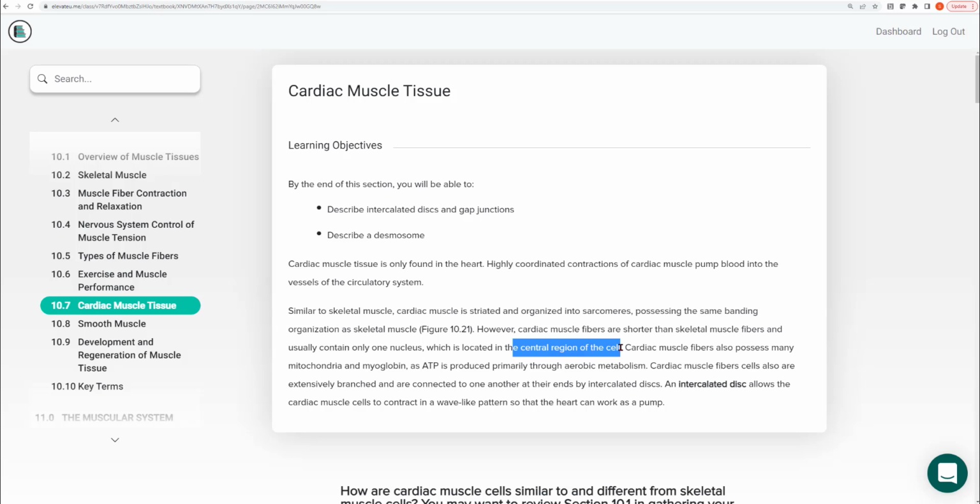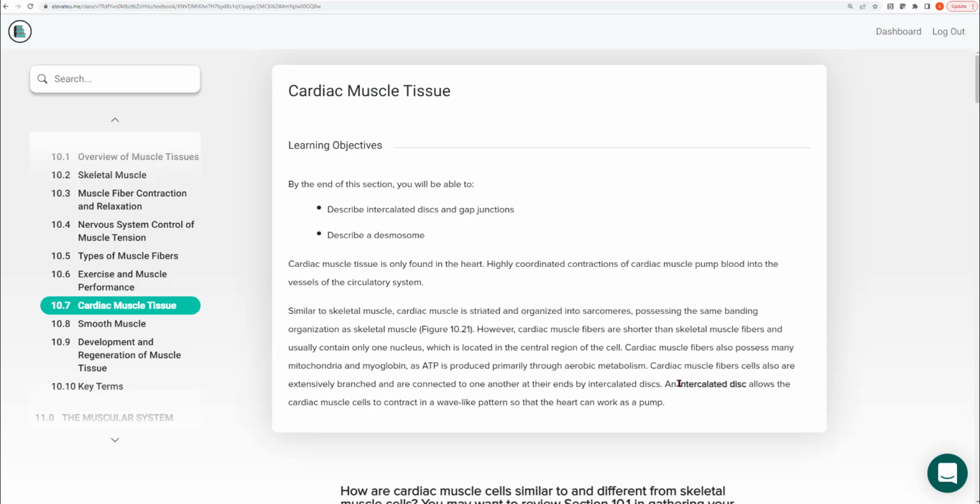In skeletal muscle, the nuclei are shoved off to the edge because of all those myofibrils. In cardiac muscle, you're going to find a lot of mitochondria because we need a lot of ATP constantly produced to control and regulate the pumping of the heart. And you know that the cells are branched within cardiac muscle. We don't see that in skeletal muscle.